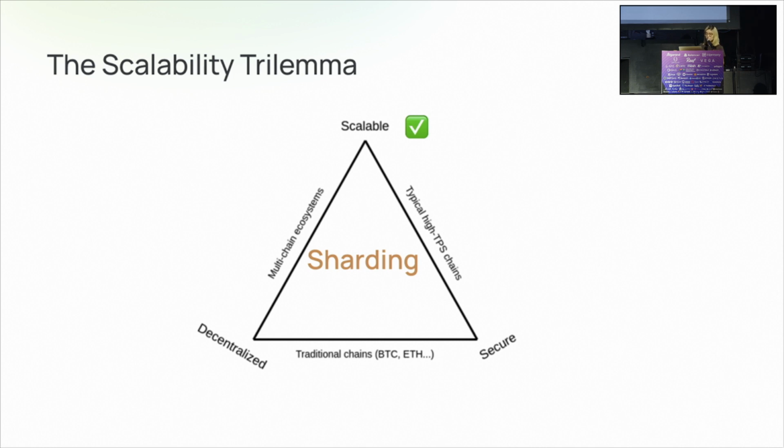It is also more decentralized because we're not requiring everybody to run on super high-performance machines. And ideally, we can run a node with just a personal laptop. And lastly, our blockchain is just as secure because each shard in the blockchain is still safeguarded by the whole chain. So every shard is as secure as the whole blockchain.